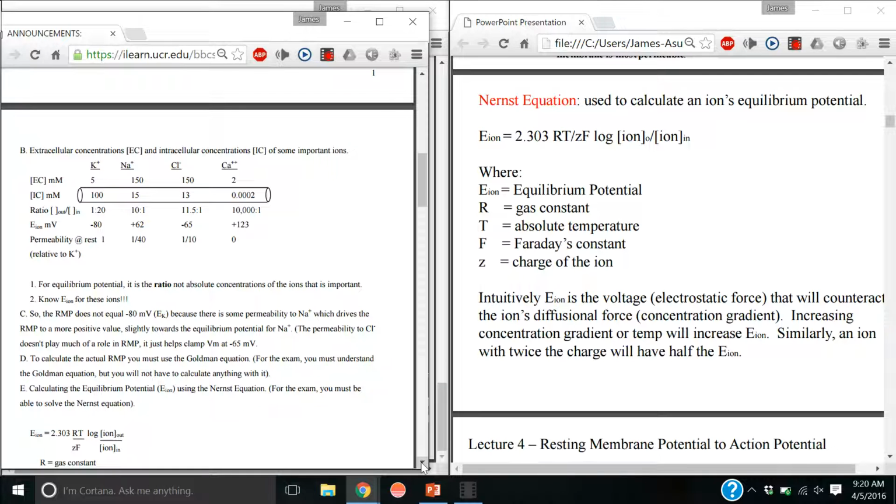So the answer to the earlier question about why the resting membrane potential is not at minus 80, the equilibrium potential for potassium, is because there is a slight permeability of the membrane at rest to sodium.